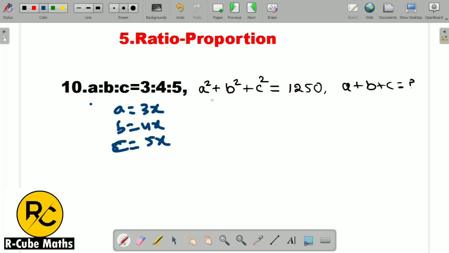After substituting, a square means 9x square, b square means 16x square, c square means 25x square, which is equal to 1250.